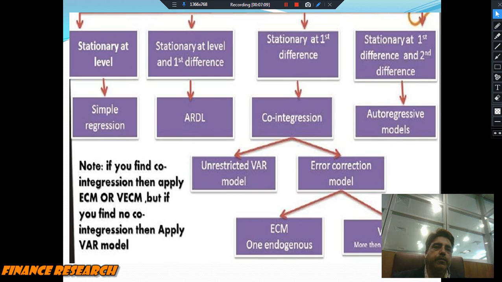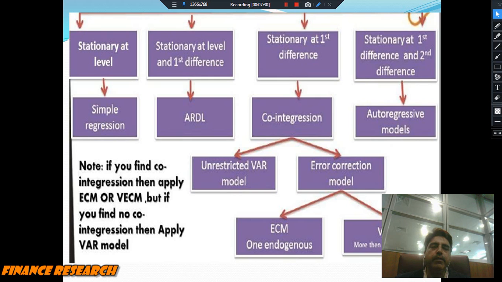In the fourth case, if they are found stationary at first difference and some variables or residuals are found stationary even at second difference, then it is suggested to use some auto-regressive models. So further advanced tools and statistical methods can be applied.